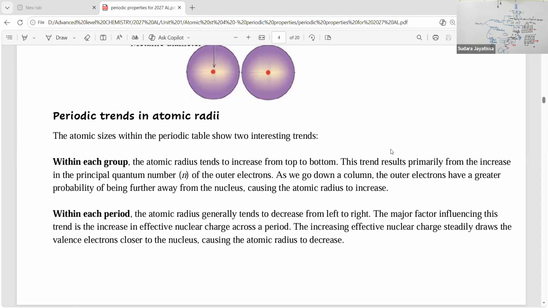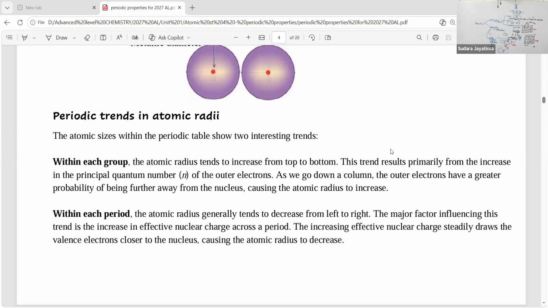Look at how we explain that one. The major factor influencing this is the increase in the effective nuclear charge across the period. Increasing effective nuclear charge steadily draws the valence electrons closer to the nucleus, causing the atomic radius to decrease. So underline or highlight that part.